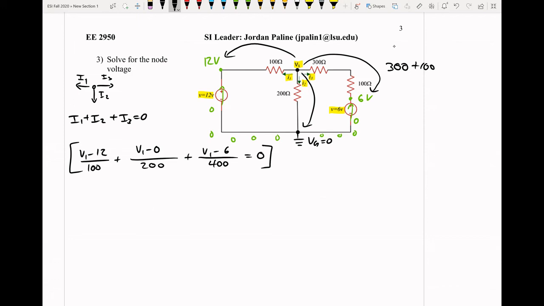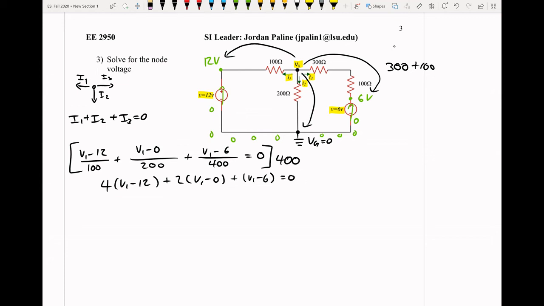Okay, and we just multiply by the common denominator, and get 4 times (V1 minus 12) plus 2 times (V1 minus 0) plus (V1 minus 6) is equal to 0.